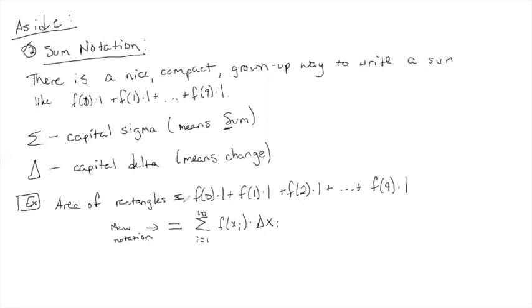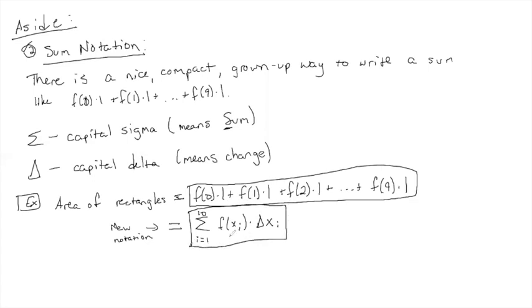Okay, now, this is horrifyingly confusing, but I promise this and this are exactly the same thing, just with proper variables plugged in. This is simply the nicer way to write it, and this is a Riemann sum. Okay. Now, let's explain what this means. I'll write this out here.